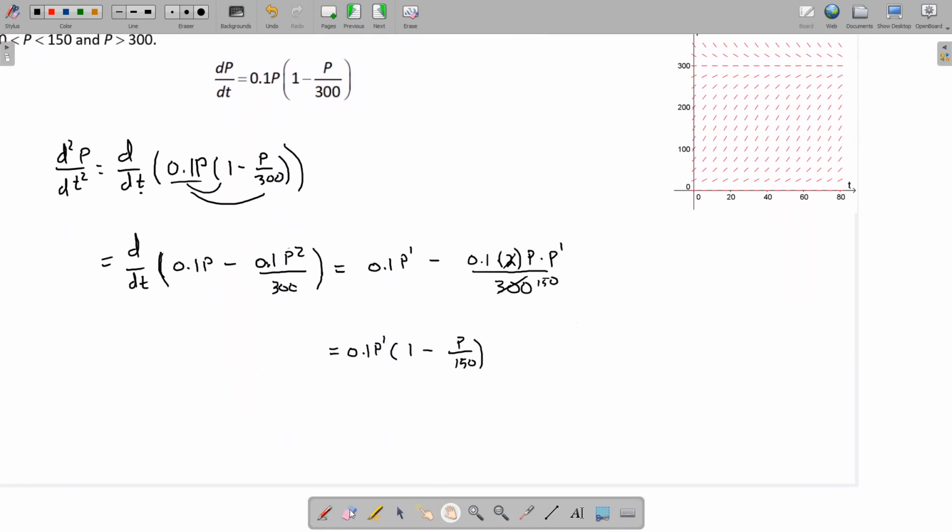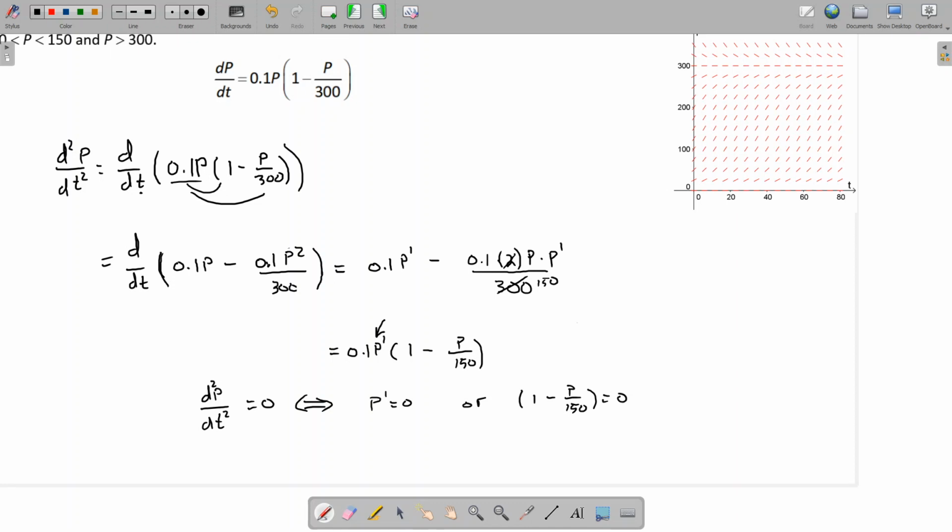So the next thing we're going to look at is notice that the zeros of this are the second derivative of p equals 0 if and only if p prime equals 0 or 1 minus p over 150 equals 0, right?